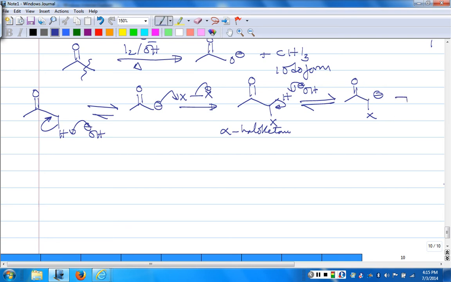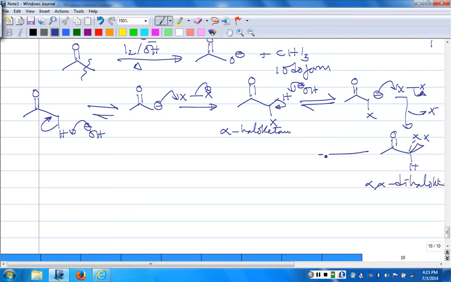But again, I'm generating the enolate in a medium containing the halogen, and so we're going to get attack. We're going to lose the halide ion, and we will make this species, which is the alpha-alpha dihalo ketone.